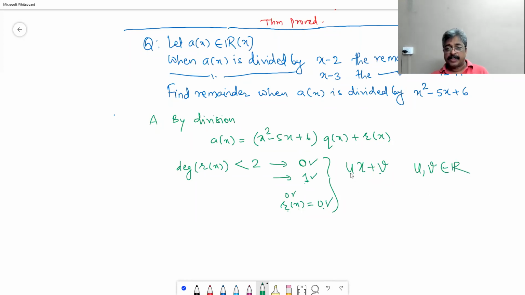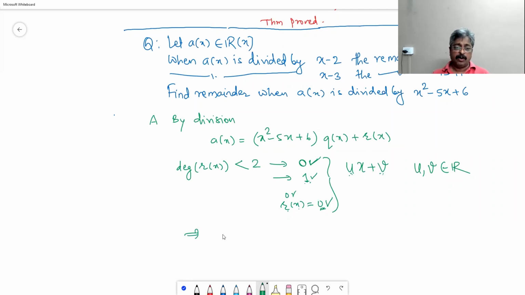So if u is 0, v is 0, then the remainder is 0. If u is 0, v is not 0, then degree is 0. And if u is not 0, then degree is 1. So all three cases are taken care of by the remainder u x plus v.